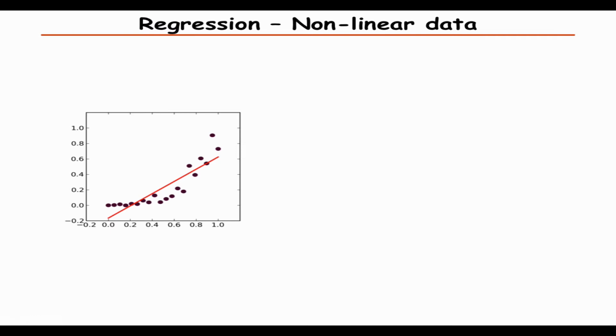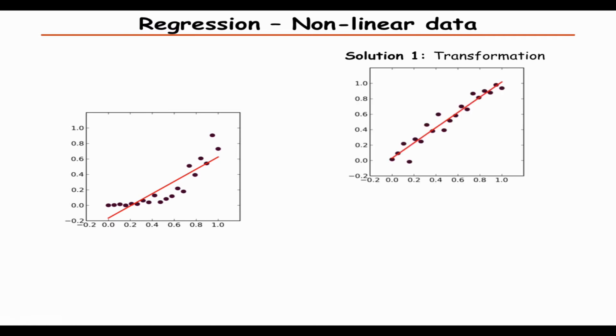And actually, the data that's shown here is exponential. So here we could, for example, take the log of the y values, and then end up with linear data. In a lot of cases we can do that kind of transformation.